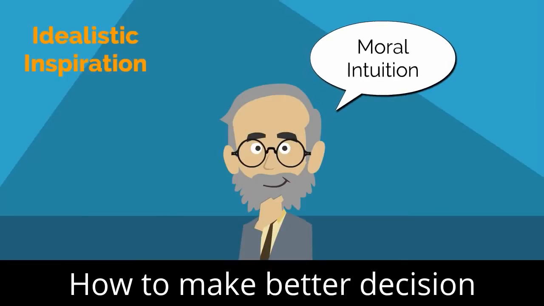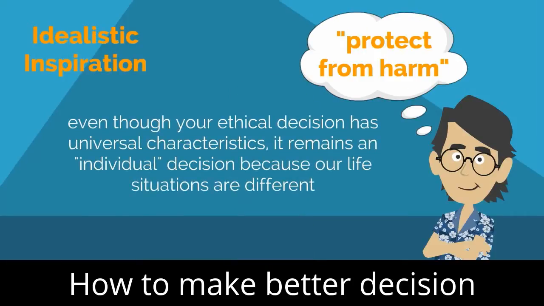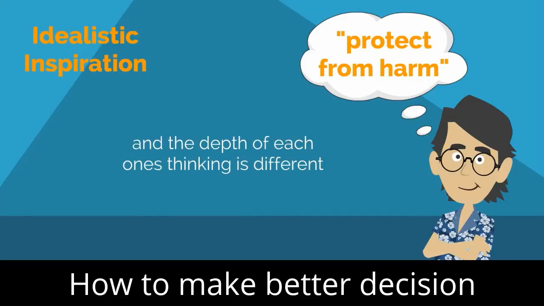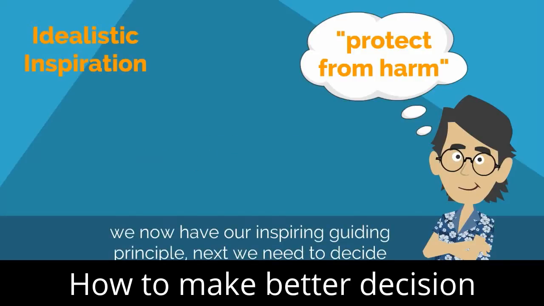We call this experience moral intuition. Even though your ethical decision has universal characteristics, it remains an individual decision, because our life situations are different, and the depth of each one's thinking is different. We now have our inspiring guiding principle. Next we need to decide what specific action to take.